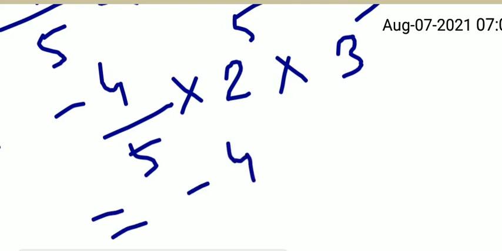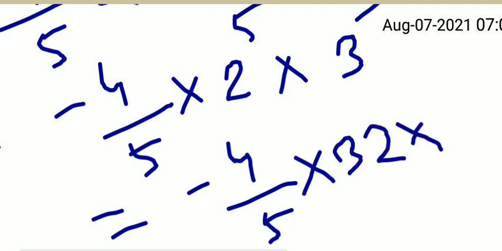Minus 4 by 5 into 2 to the power 5, which is 32, and 3 to the power cube, which is 27.